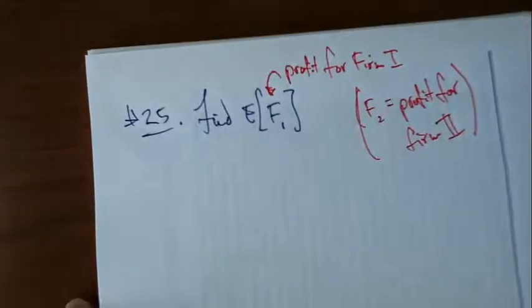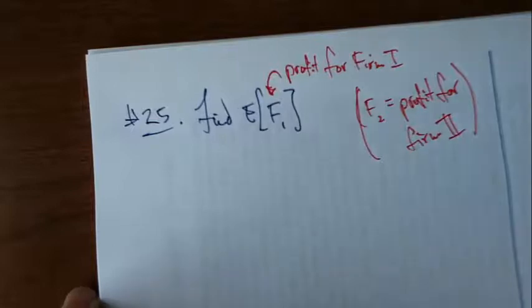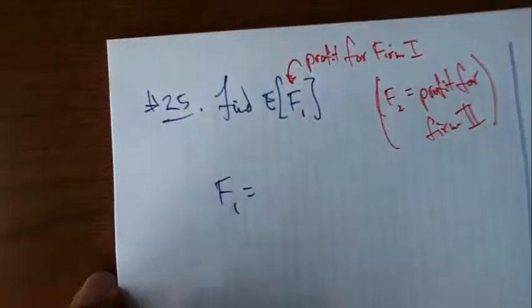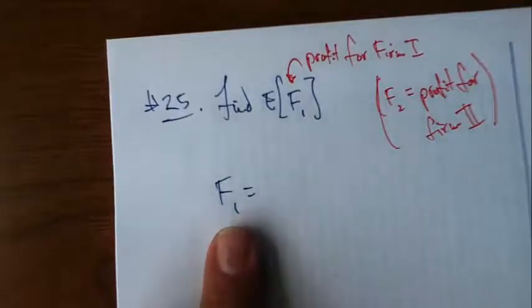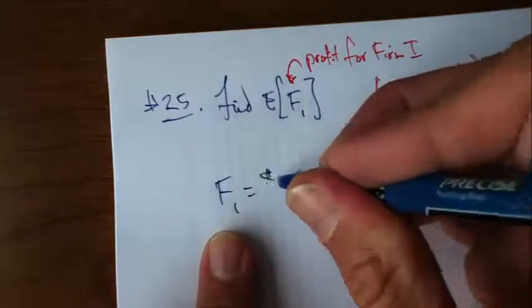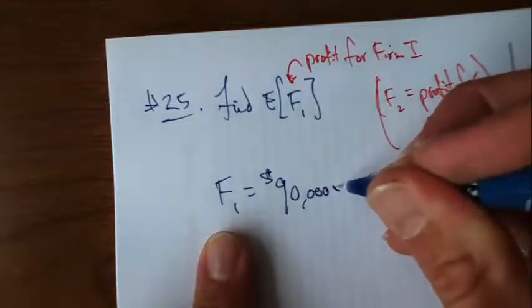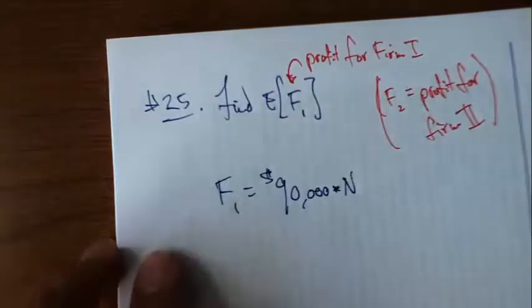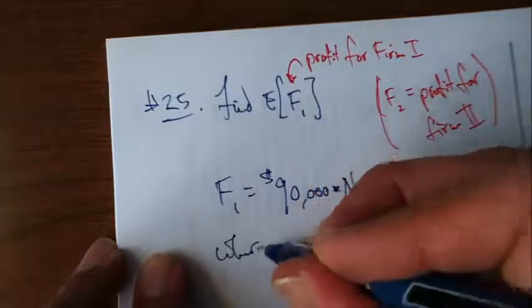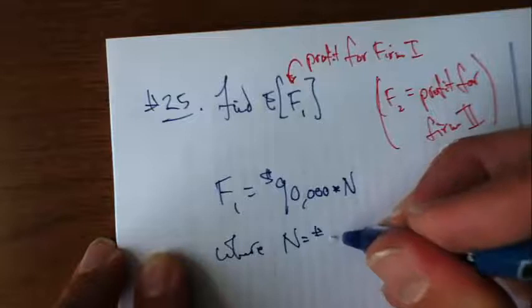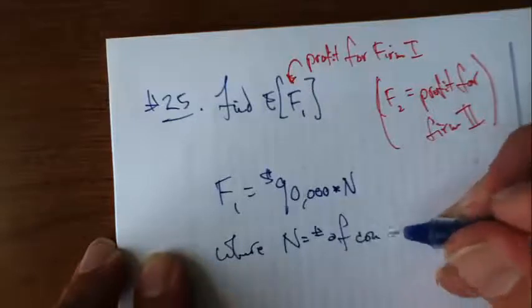F1 is a random variable, but one thing I can realize is that I can express F1 as $90,000 times this random variable n, where n is the number of contracts firm 1 gets.